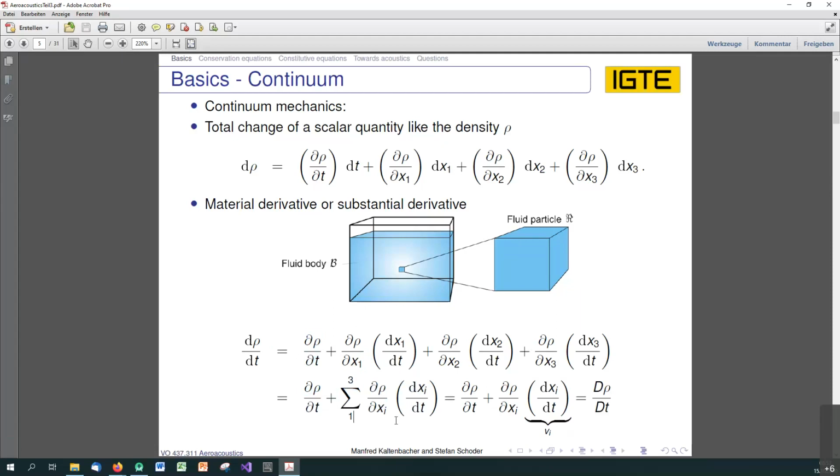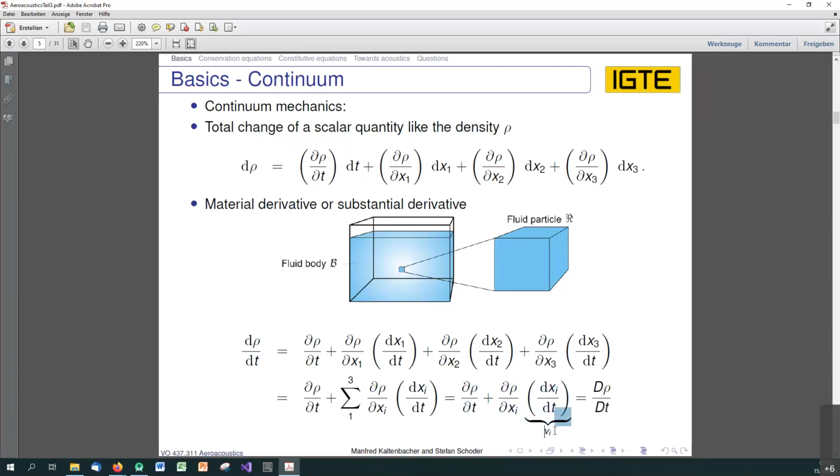And if we simply go to Einstein's index notation, where if we have two identical indices within the formula, we sum up over these indices, there we see it clearly that the material derivative itself is a sum over the partial derivative with respect to time, and here is the partial derivative with respect to the space coordinate, and it will be convected by this term.